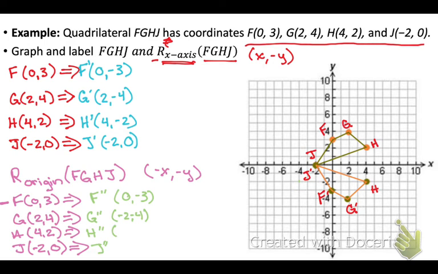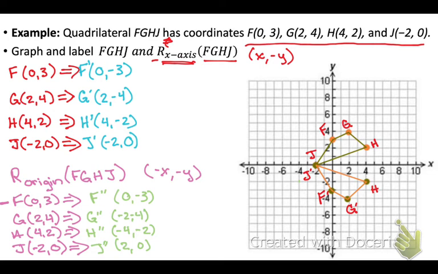I think I might have made a mistake, but I don't think so. Okay, did you get 0, negative 3, negative 2, negative 4, negative 4, negative 2, and 2, 0?